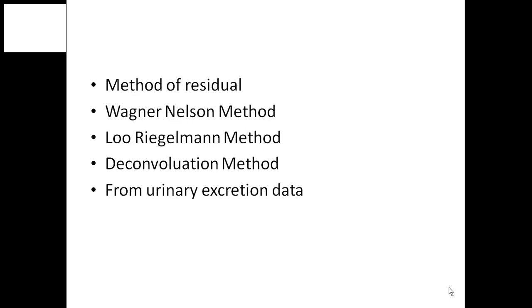Likewise, the Loo-Riegelman method, a non-graphical method used for the two compartment model. We have the deconvolution method, which is mostly used during IVIVC and also for urinary excretion data. So these are the methods by which we can determine the absorption rate kinetics through pharmacokinetic calculation.